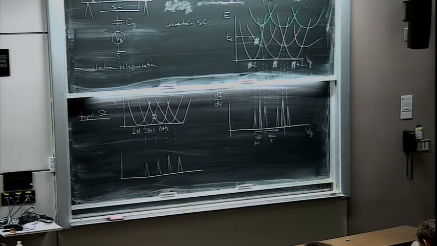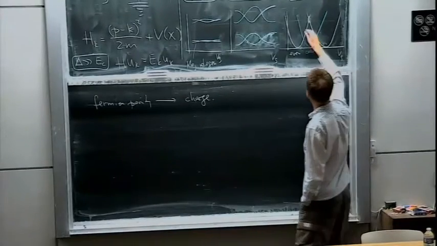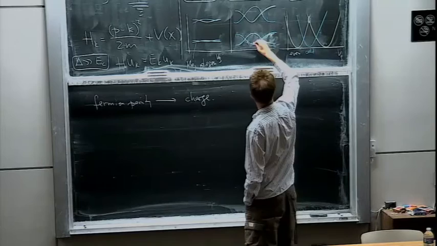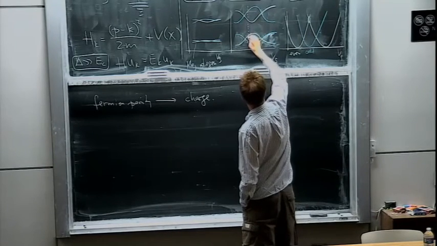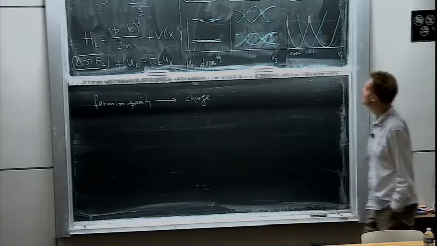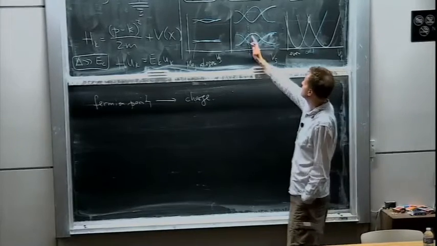Okay, so the first thing that you can use this for is you can read out the states of this pair of qubits. So there you can basically now convert fermion parity, so the question whether you have an even or an odd number of electrons, to charge. Okay, so imagine that we're tuning our gate voltage somewhere here. So you're just not allowed to be exactly here.